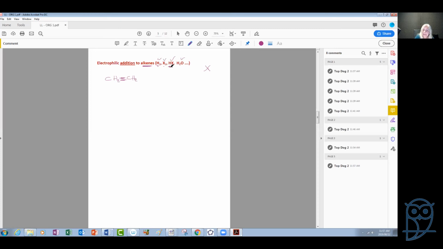hydrogen halide. For example, hydrogen bromide. Let's say that this reacts with hydrogen bromide. What would be the result? Let's write this in this form.